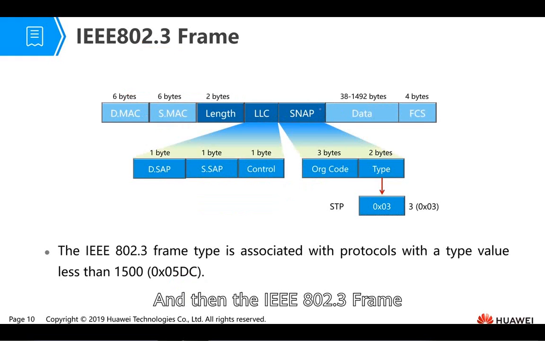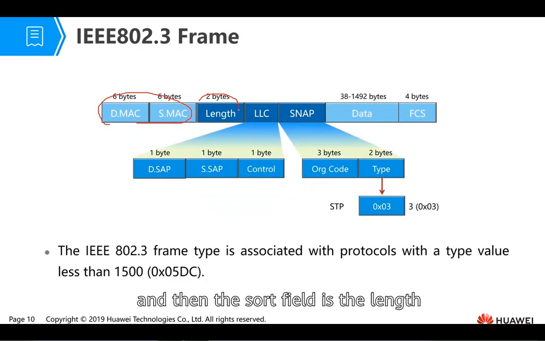Then there's an IEEE 802.3 frame. In this frame, the first two fields are the same, and then the third field is the length.